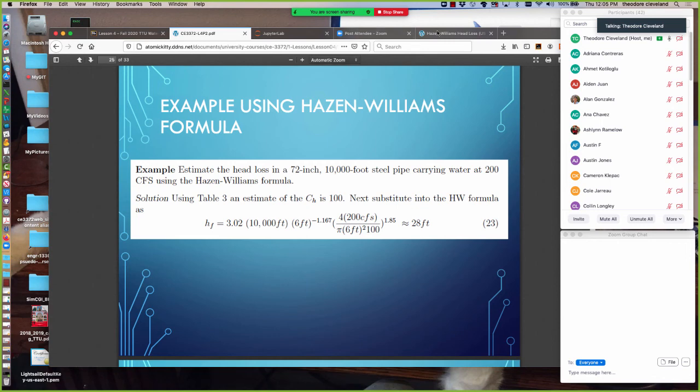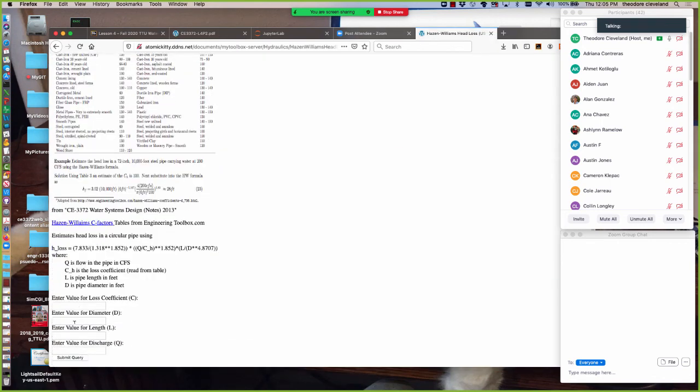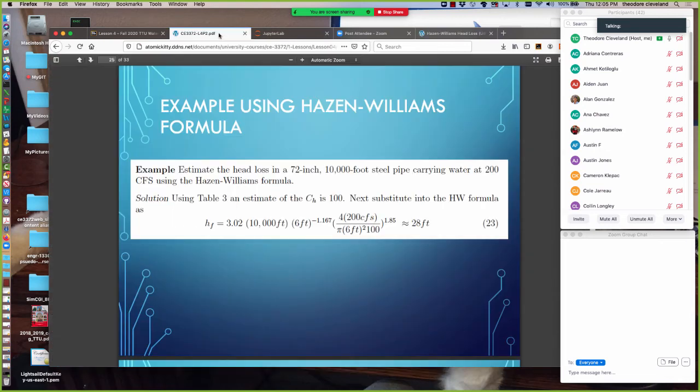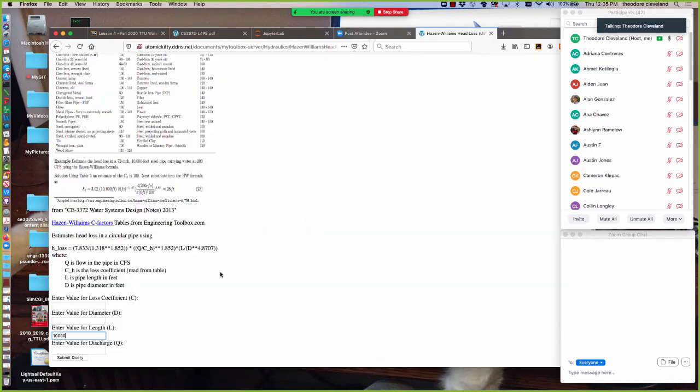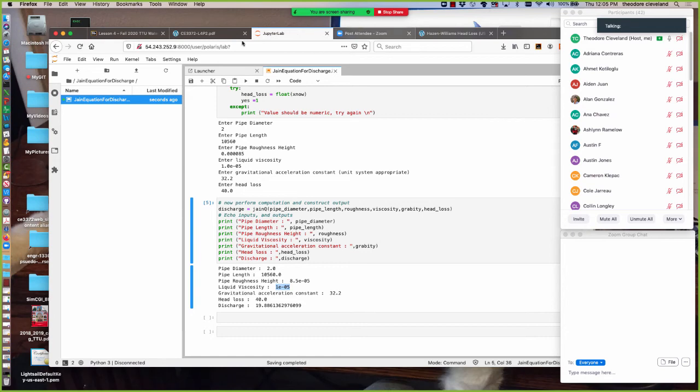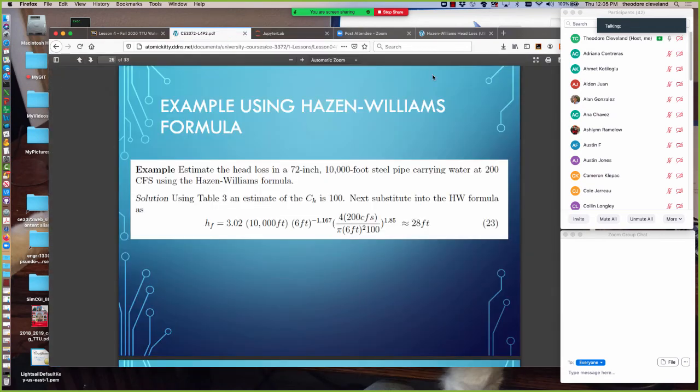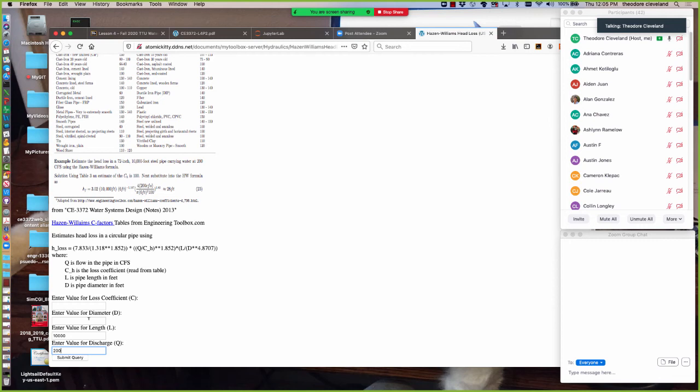So it's 10,000 feet of pipe, 200 cubic feet per second of flow, 6 feet of diameter. And the loss coefficient is 100, and all it's going to do is evaluate this formula right up here.